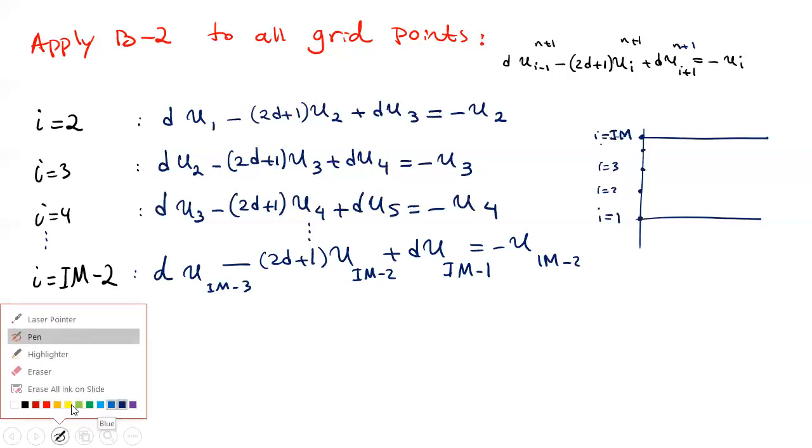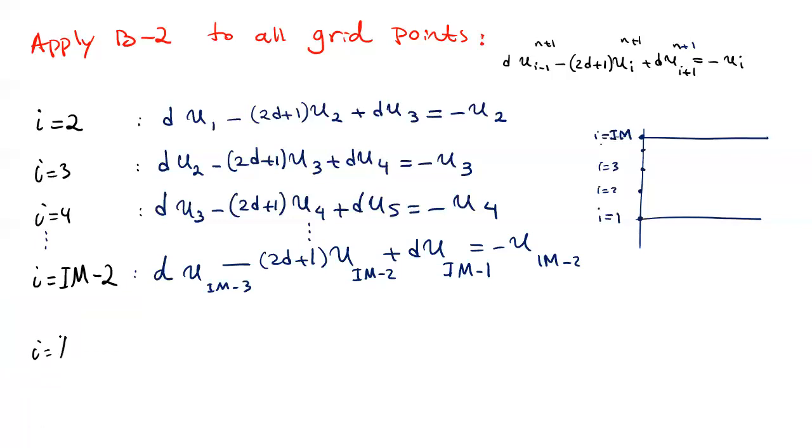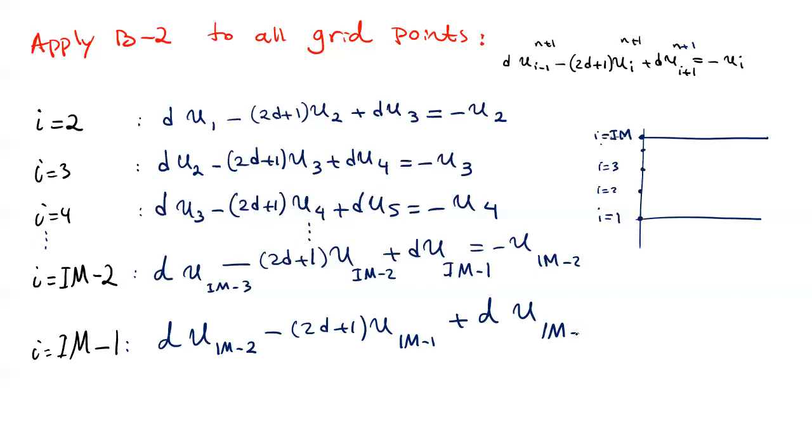And one to the last, which we call IM minus 1, is D times U at I minus 1, which makes it IM minus 2, minus (2D plus 1) U at IM minus 1 itself, plus D U at IM, equal to minus U at IM minus 1.